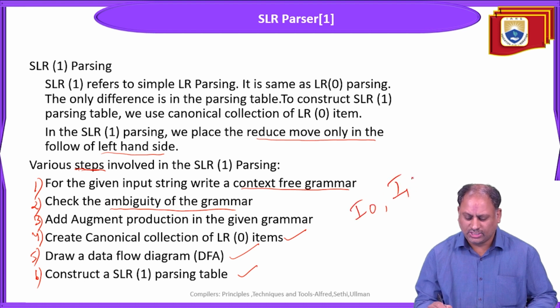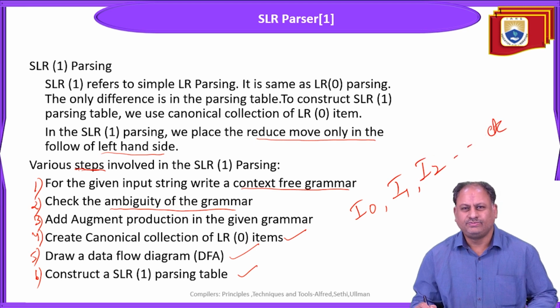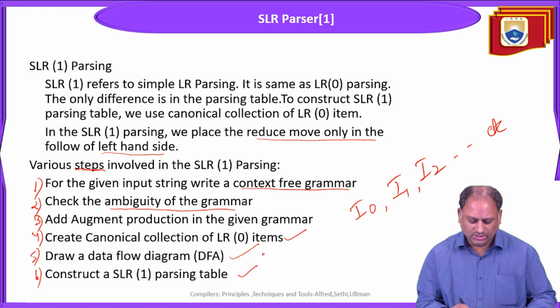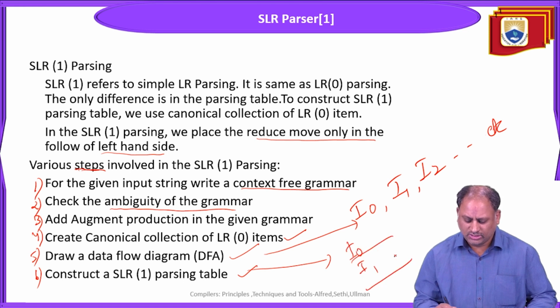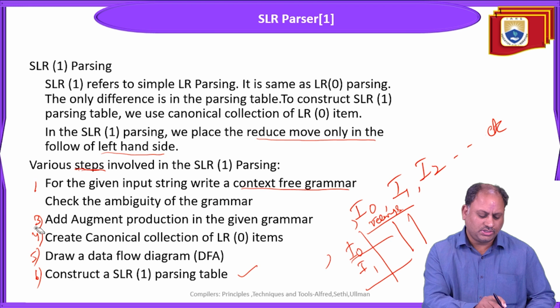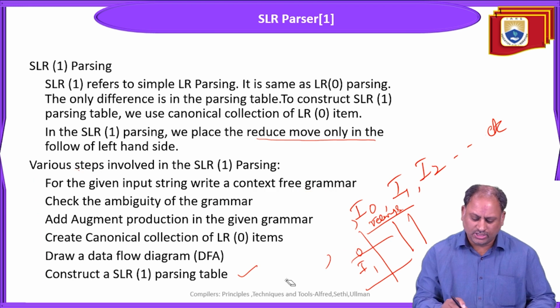We are going to describe the several states, and all these states can be written with transitions from one to another with the help of arrow marks, with circle notations as states, and that is to be considered as the data flow diagram. For the parsing table, we are going to write it in such a way that the set of all states is across the rows and all the terminals are written across the columns. So these steps take place in the simple LR parser.